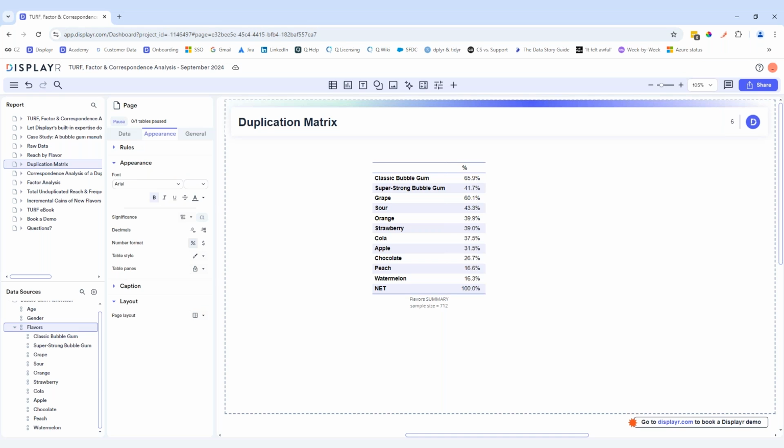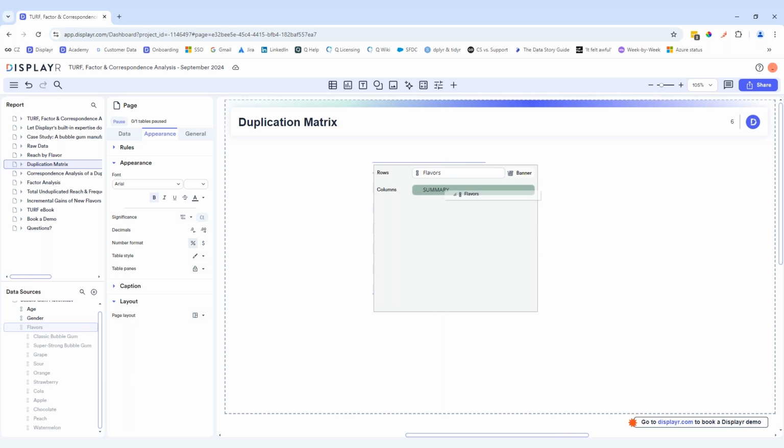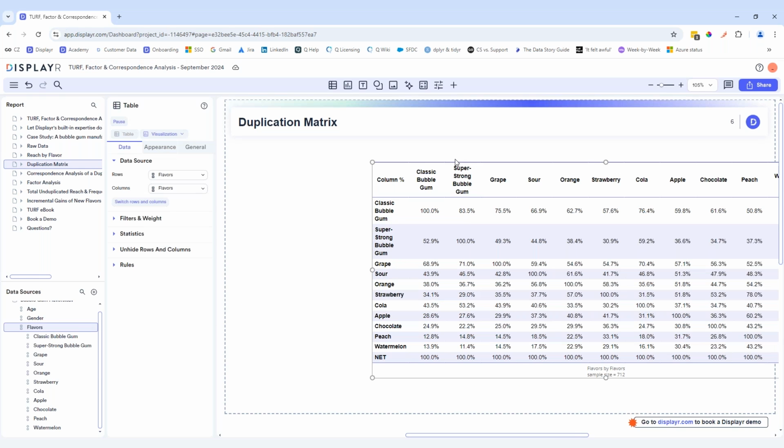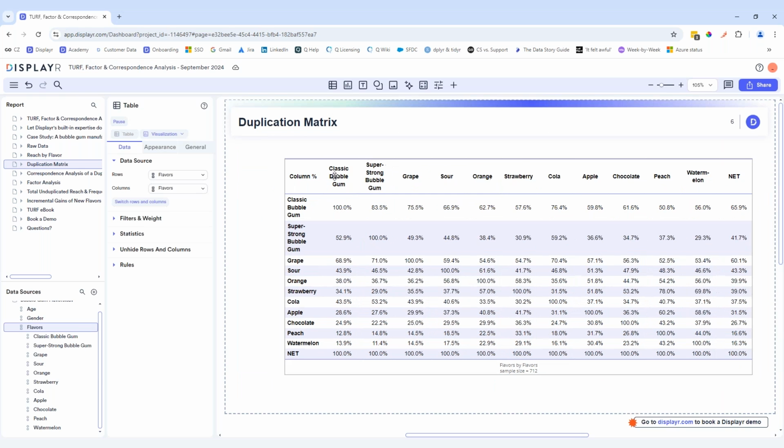The most basic way of analyzing data like this is to create something that's called a duplication matrix that has brands or products, or in this case, flavors, in both the rows and the columns. So let me quickly add flavors to the columns as well. And by default, we see the column percent.